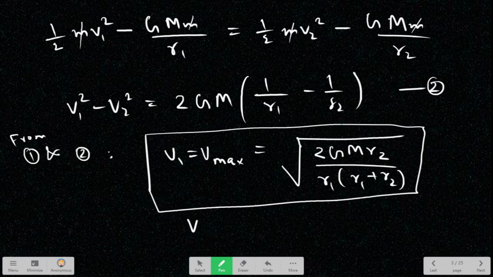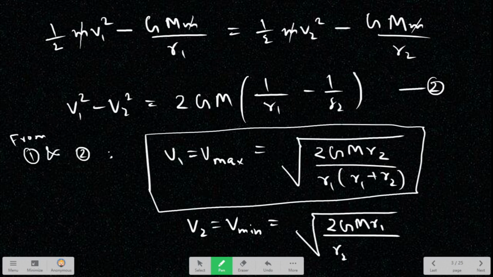Similarly, you can find v2 is equal to v minimum is equal to root of 2GM r1 by r2 into (r1 plus r2). These two equations are important.